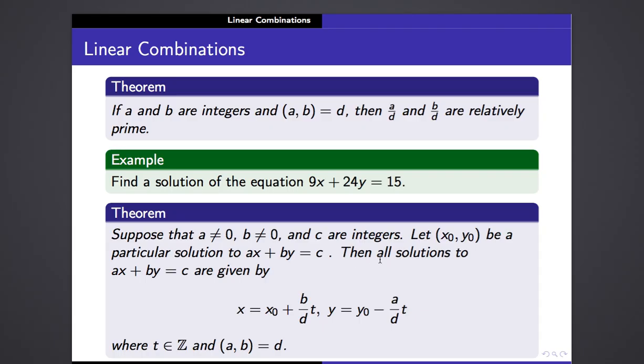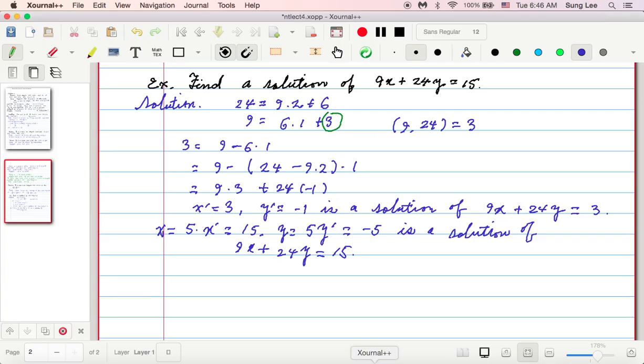In that case, all solutions to ax plus by equals c are given by x equals x naught plus b over d times t, and y equals y naught minus a over d times t, where t is an arbitrary integer, so we see that there are infinitely many solutions. And here, d is the greatest common divisor of a and b. Let's prove this, so we are going to go back to my notepad.